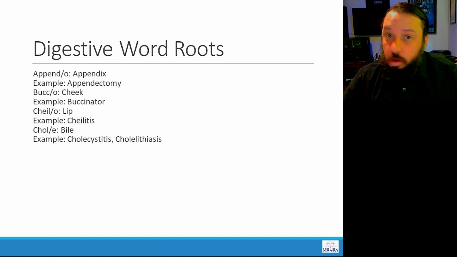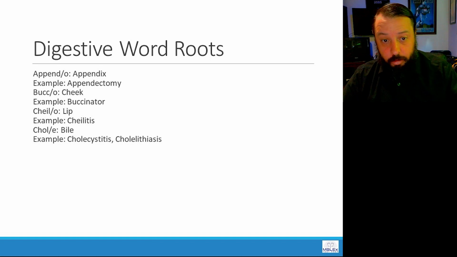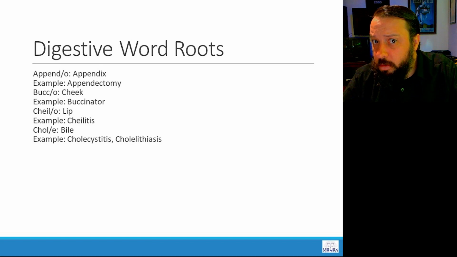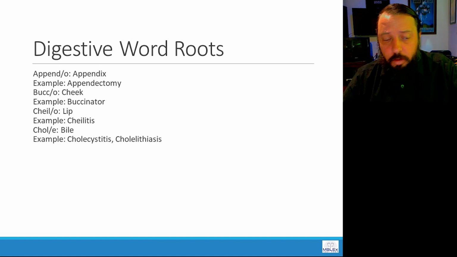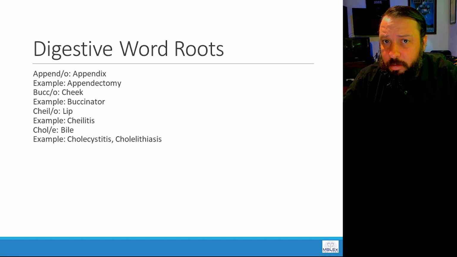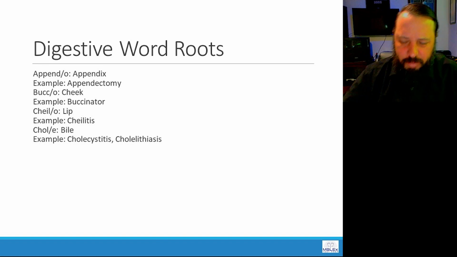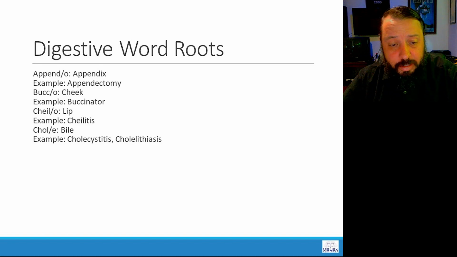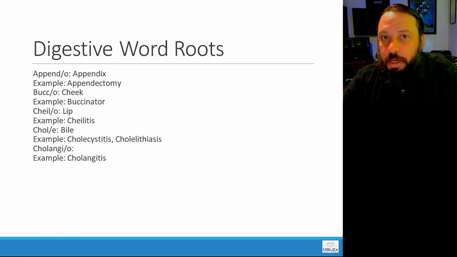Okay, so chole, bile. So cholelithiasis is basically gallstones, the development of gallstones in the gallbladder produced by having too much bile in your gallbladder. It can be caused by lots of different things, but anyways, cholangio.